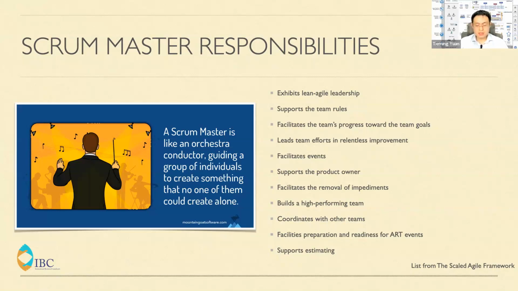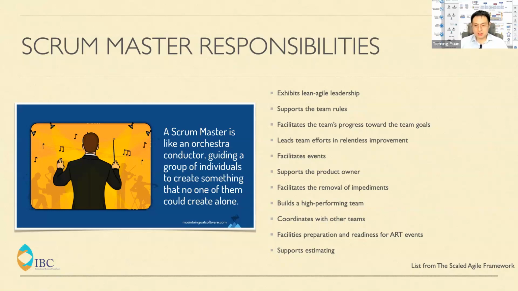But Scrum Masters are able to align everyone and interpret that picture in the same manner. To ensure that whatever the product owner wants, the development team is able to deliver the same thing, because the product owner represents the customer. And at the end of the day, we want to make sure that we deliver value to the customers.